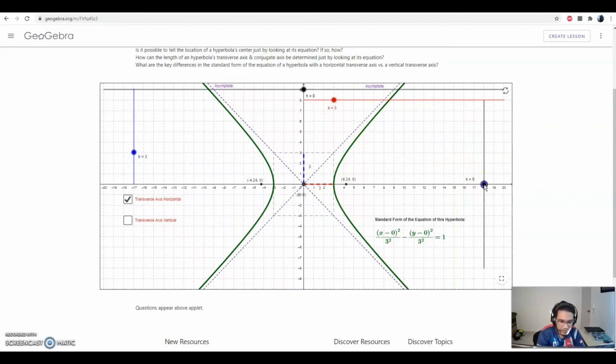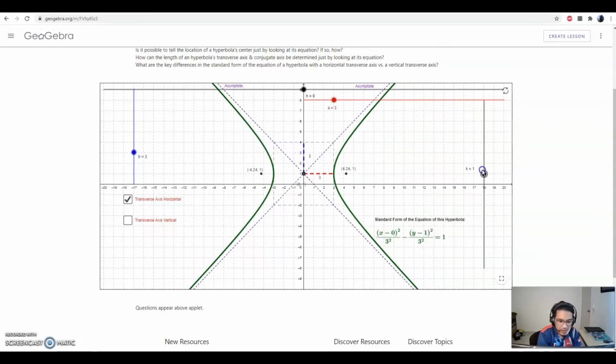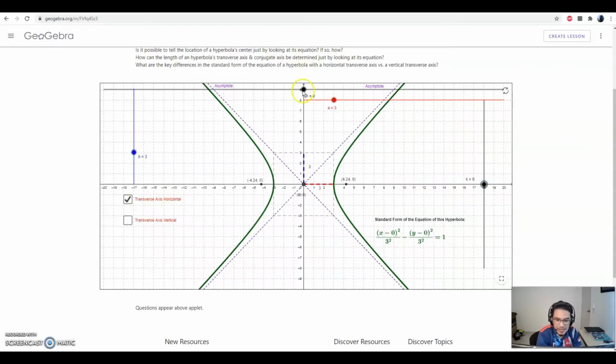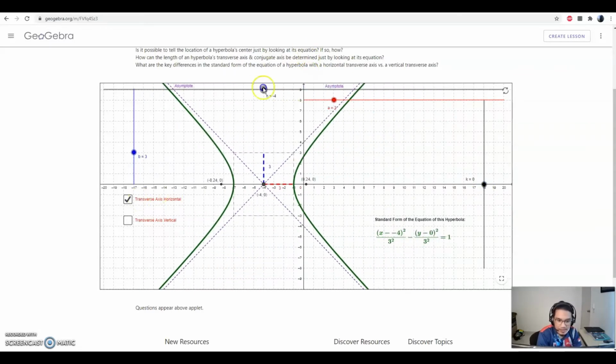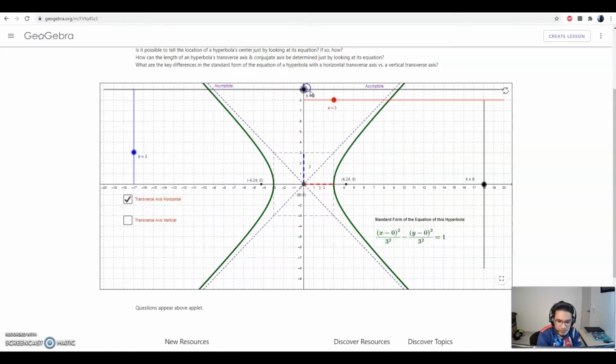This k just moves the center of the hyperbola. So this will be the center of the hyperbola at the position (h, k). Right here is the place to change the position of the x-axis.